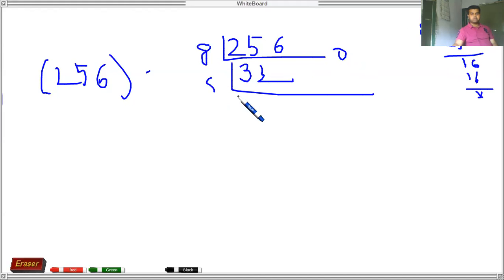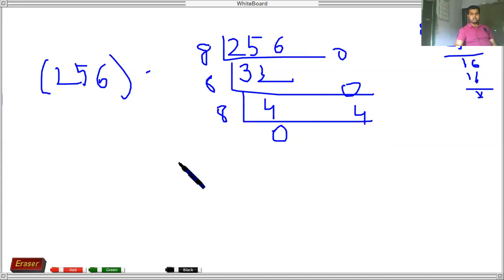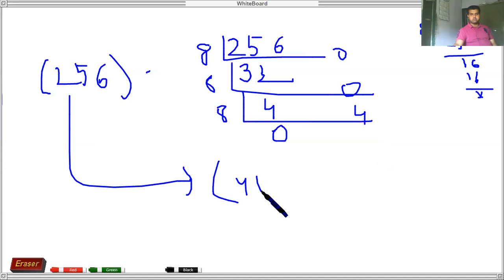Then you have 8 fours are 32. So again remainder is 0. And then you have 8 zeros are 0. And the remainder is 4. So now if you arrange, the equivalent answer for this becomes 400. Write the base number also 8. 400. Yes, it is the correct answer.